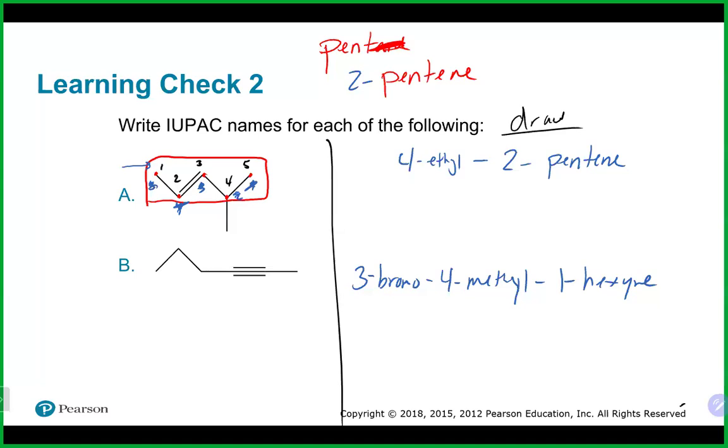Because of that, our only group here, which is a lonely line, a methyl group because there's nothing written at the end of the line, should be at carbon number 4. We put that in there with the appropriate dashes, and we end up with 4-methyl-2-pentene. Any questions on the name there?